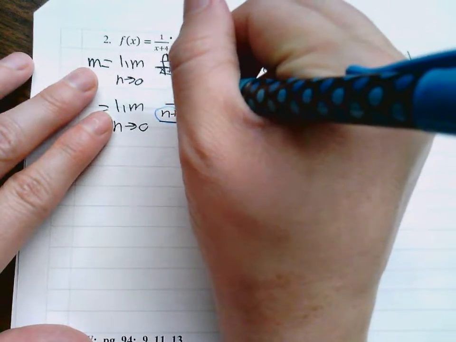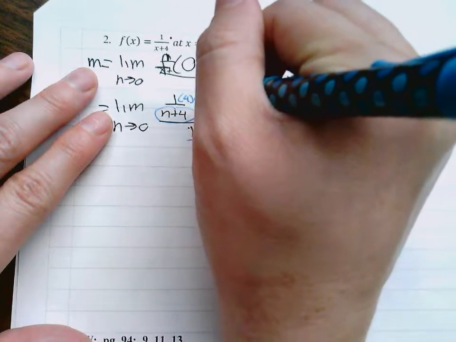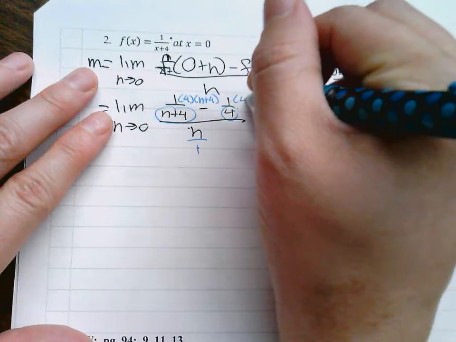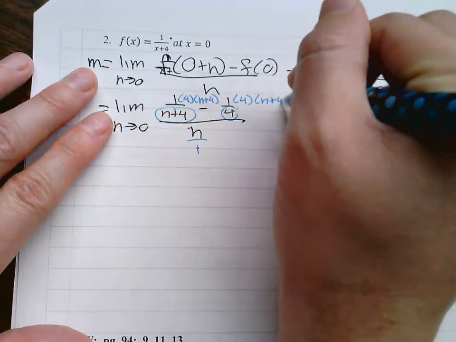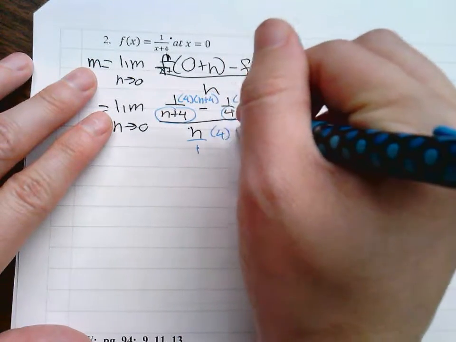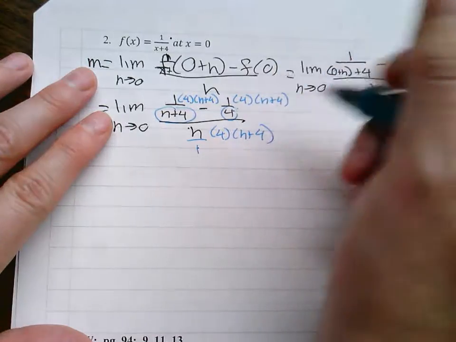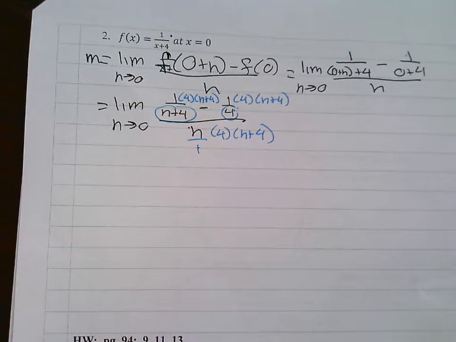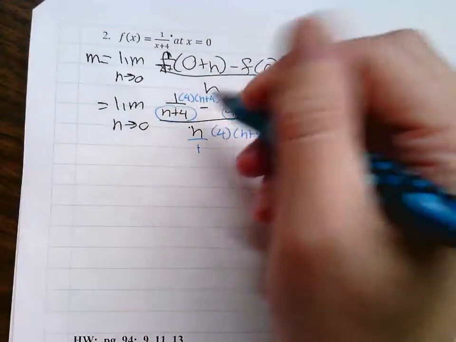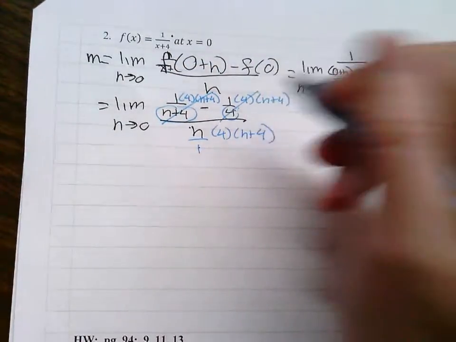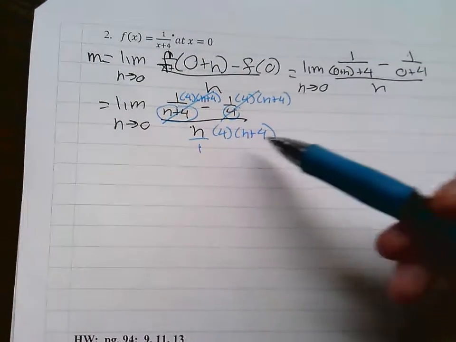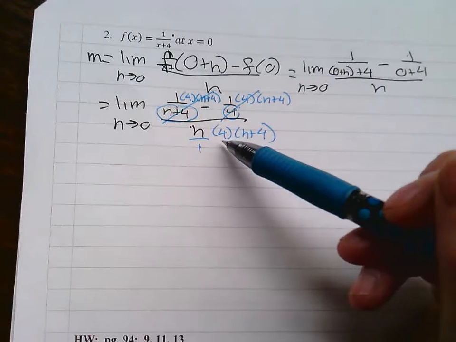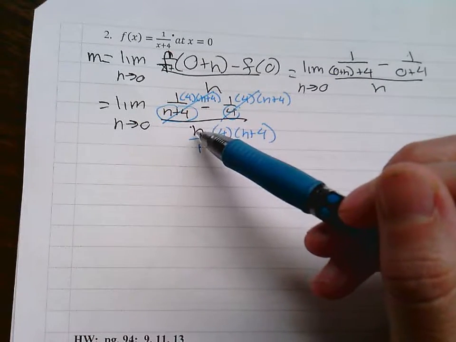So you're going to have 4 times h plus 4 on each term. As you can see, they cancel out. So h plus 4 is gone, and 4 is gone. Now when we go to the next step, do not distribute this because this h will cancel out later on.